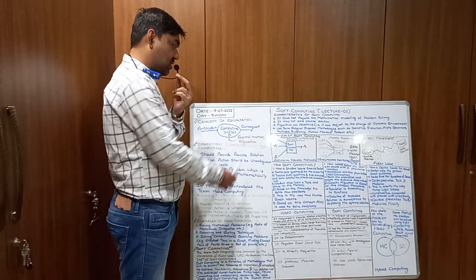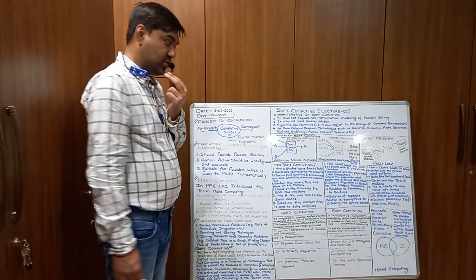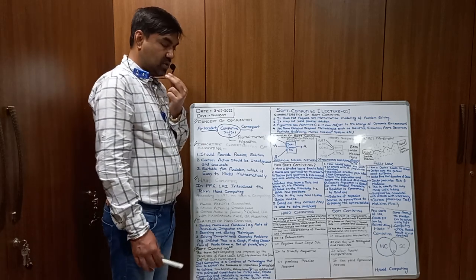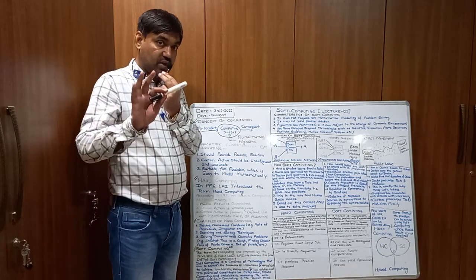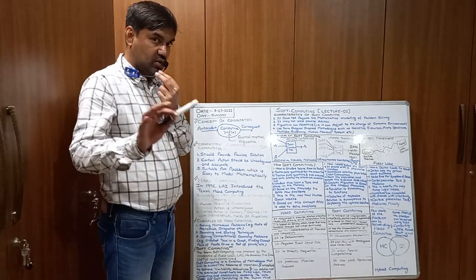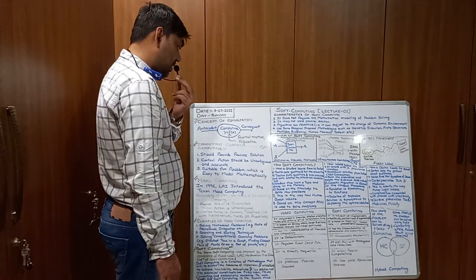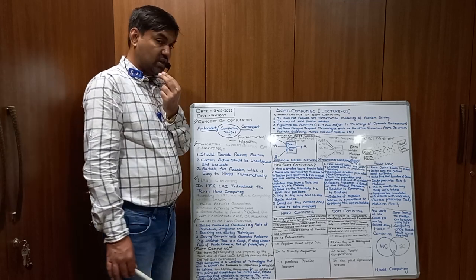So the first thing is it should provide a precise solution. The second thing is control action should be unambiguous. Single interpretation should be there, and it should be accurate. Then the third thing, it is suitable for problems which are easy to model mathematically.